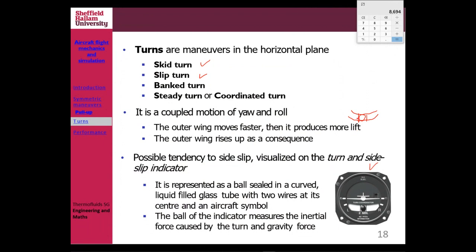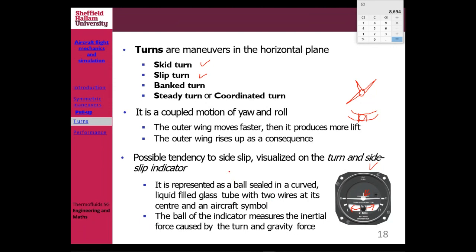So if you make a turn, for example, indicated by your artificial horizon and the icon of your aircraft, then if you skid, that ball is going to move slightly outside of that box there. If you make a slip, then that ball is going to go the other side, or the other way.